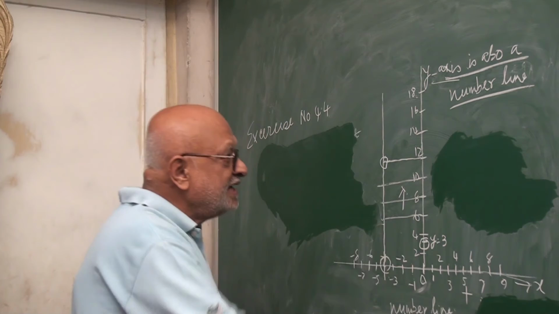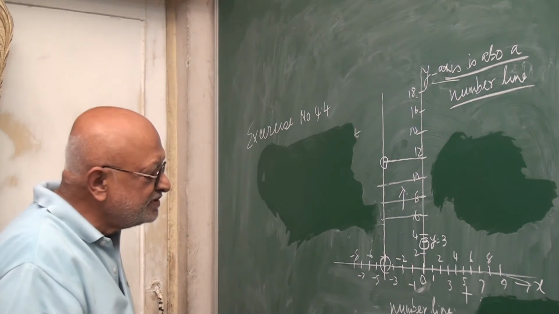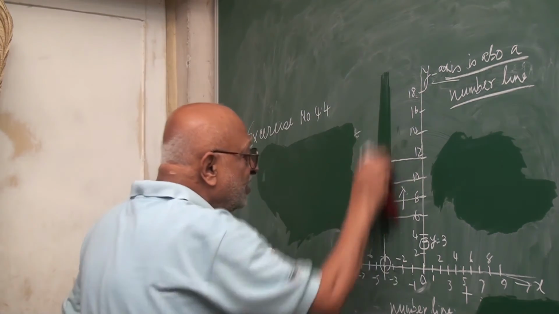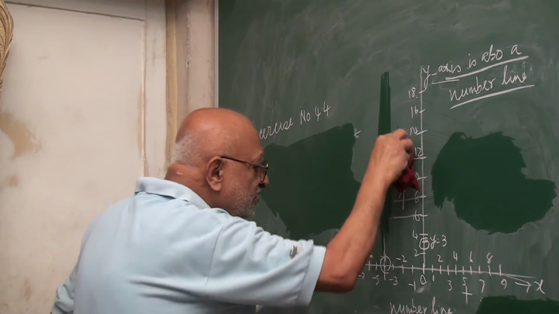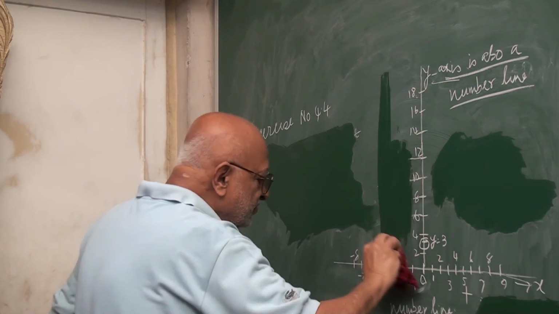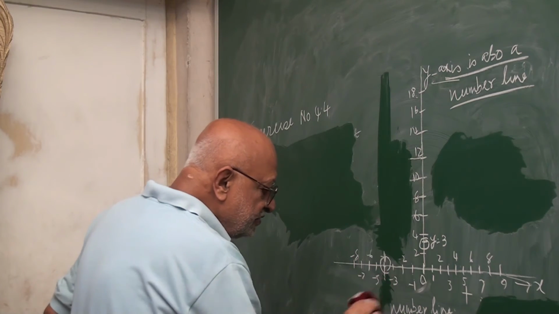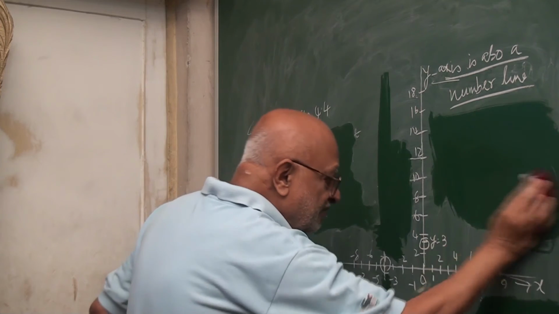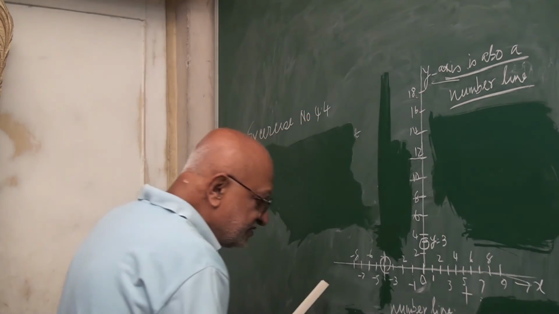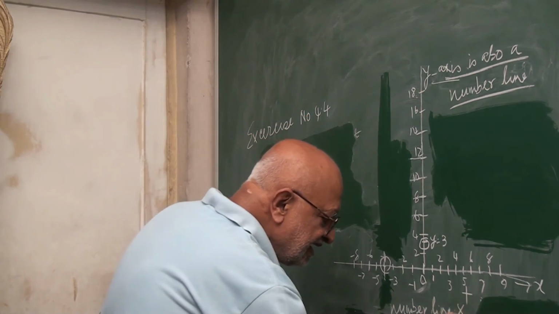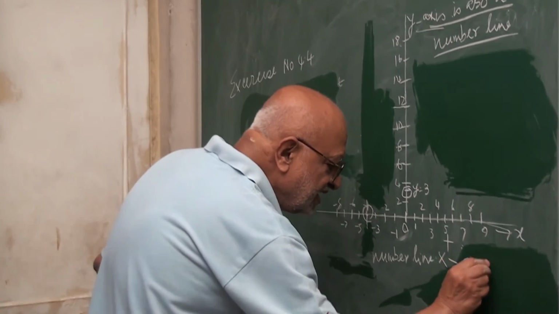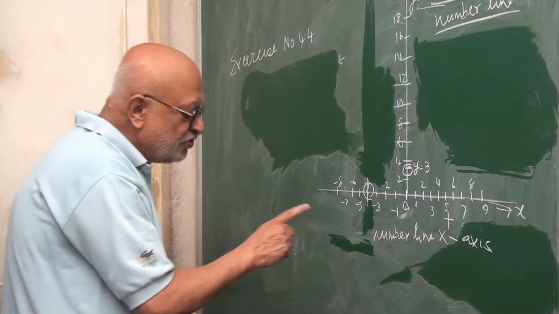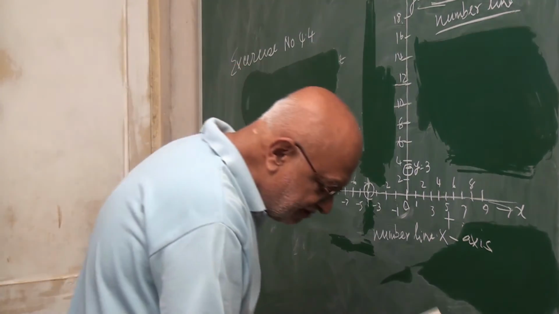Both were number lines on which this has been plotted. So the y-axis is also a number line, the x-axis is also a number line. Okay, so one part is over.